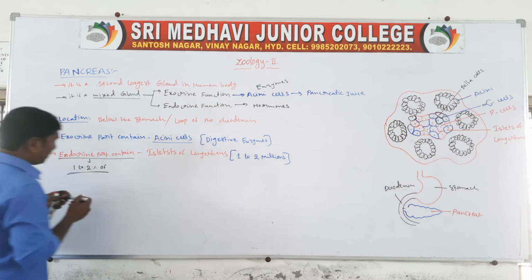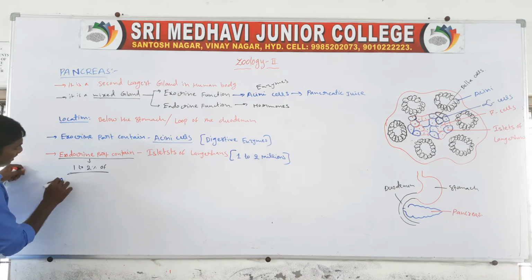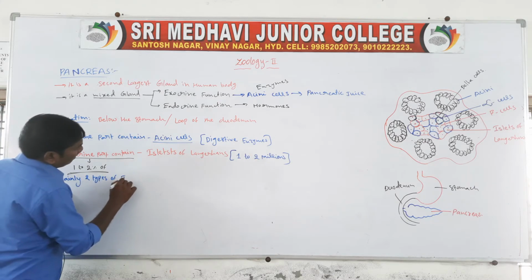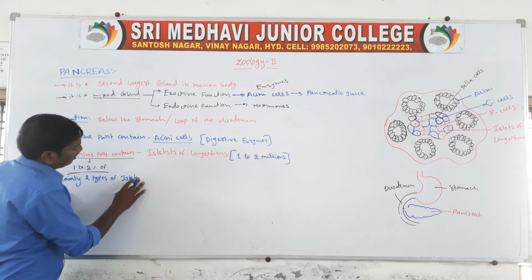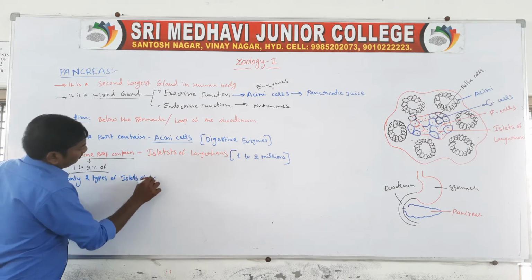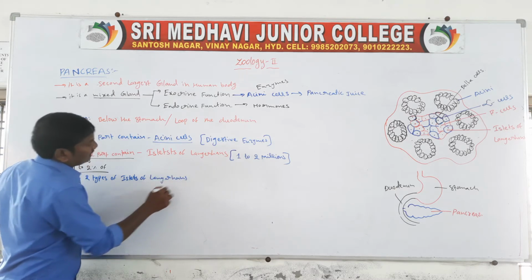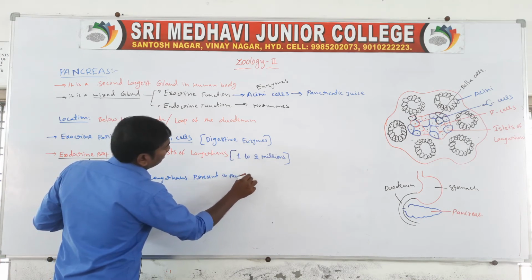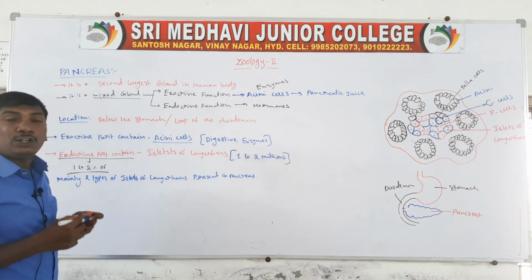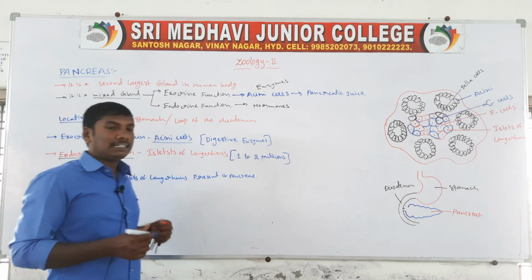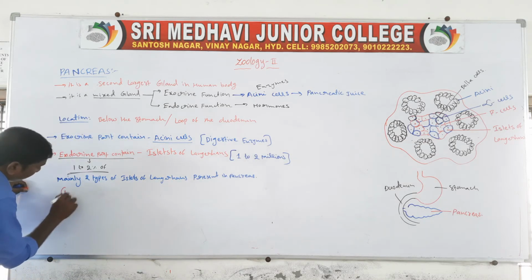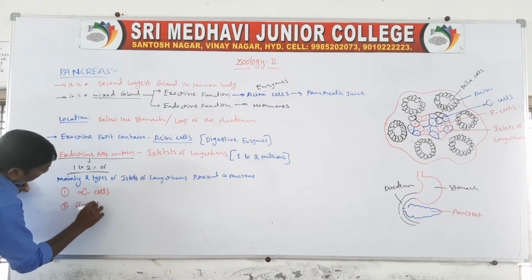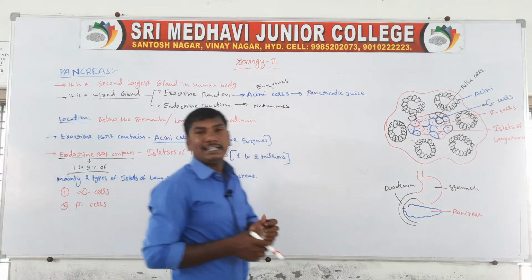One is the alpha cells, and the second one is the beta cells.